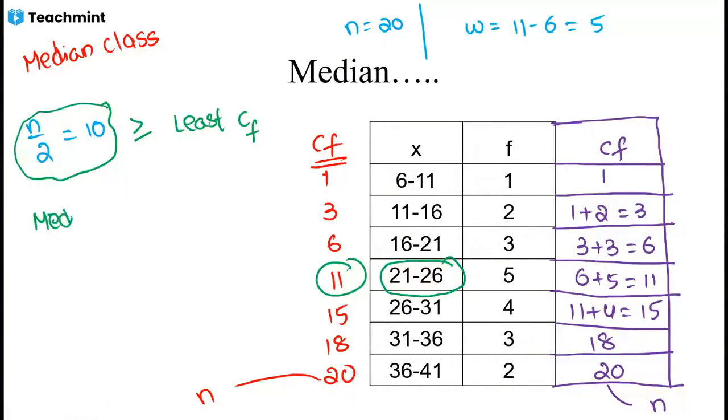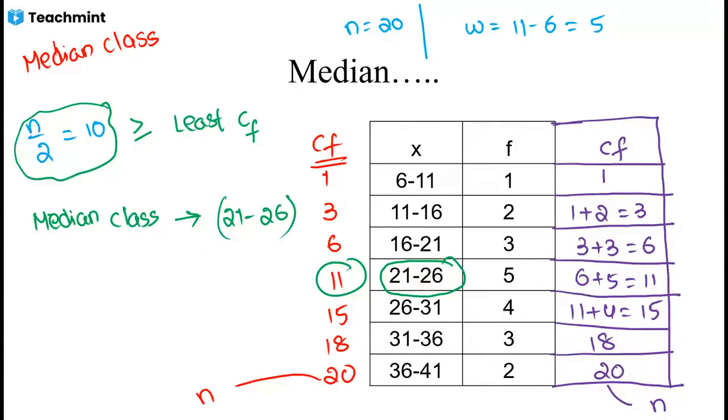So now we have decided the median class is 21 to 26. Are you getting the clarity? I'm just checking your chat box now. Right, so 21 to 26 interval.